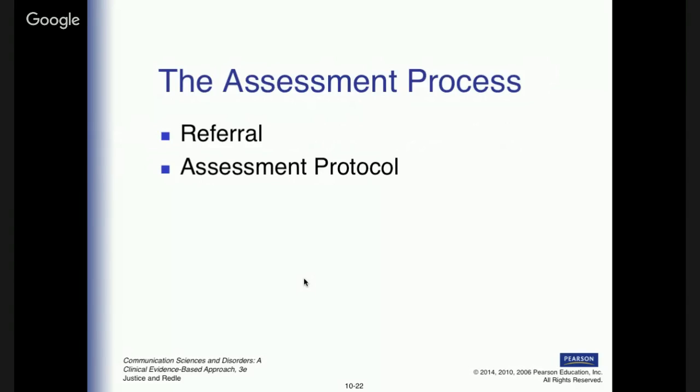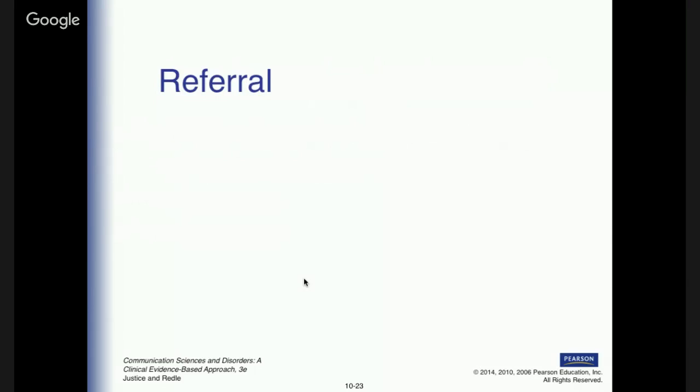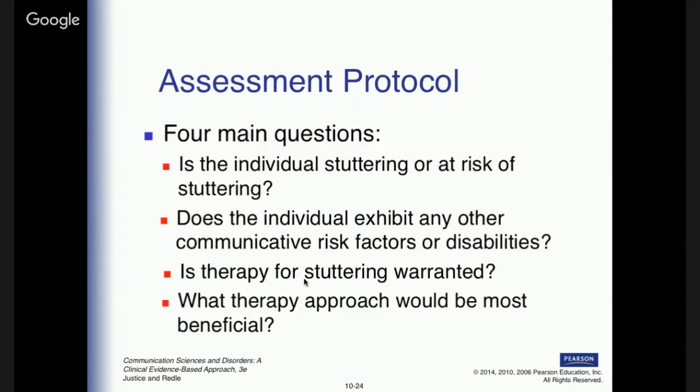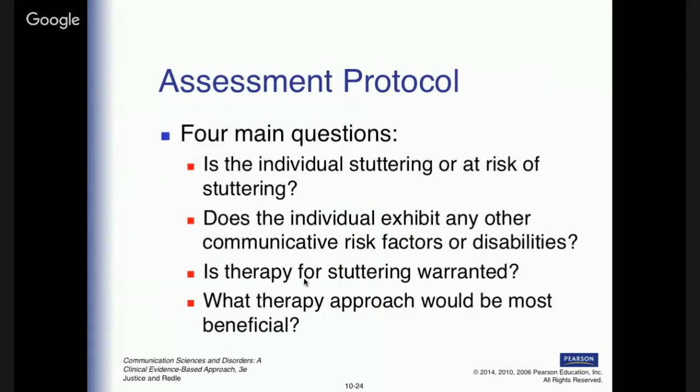All right, assessment process. We've got referral, assessment, diagnosis, prognosis. SLPs are specially trained for assessing, diagnosing, and treating stuttering and cluttering. We know we're going to look at warning signs for developmental fluency disorders and acquired fluency disorders. We're going to ask 4 main questions.